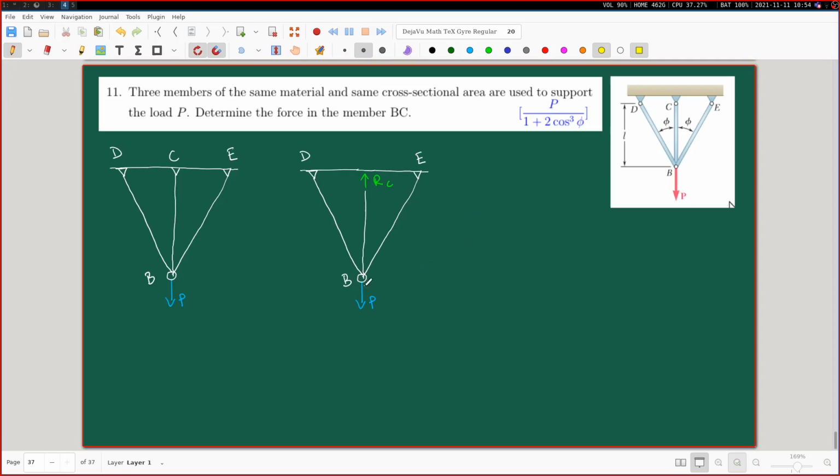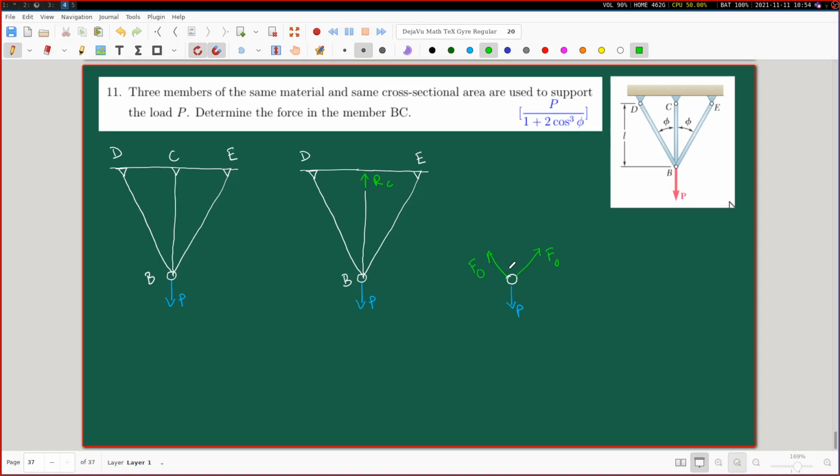I will consider the free body diagram of this pin joint B. Downward force P, two oblique forces. Let this be F naught. Let this be F naught.